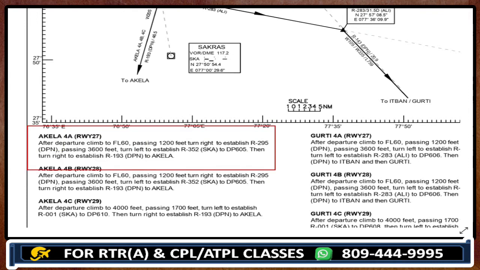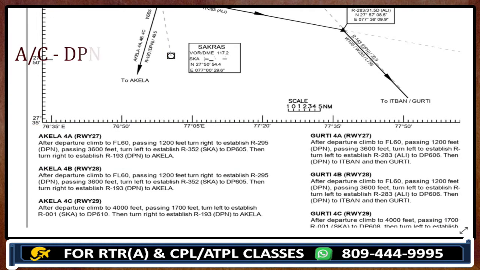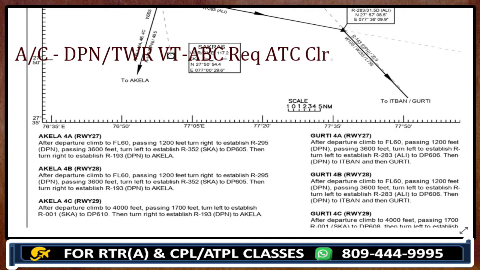At that point of time you were given all the instructions by ATC and you were complying with that. Over here, by telling you to follow Aquila 4 Alpha, guys, do remember whatever ATC told you, you have to read that back. Like you call Delhi Tower, Victor Tango Alpha Bravo Charlie, request ATC clearance.